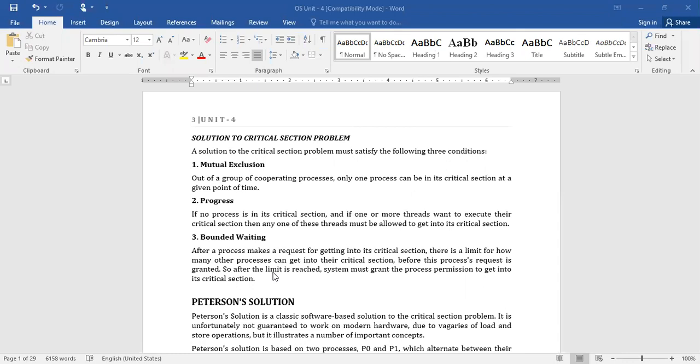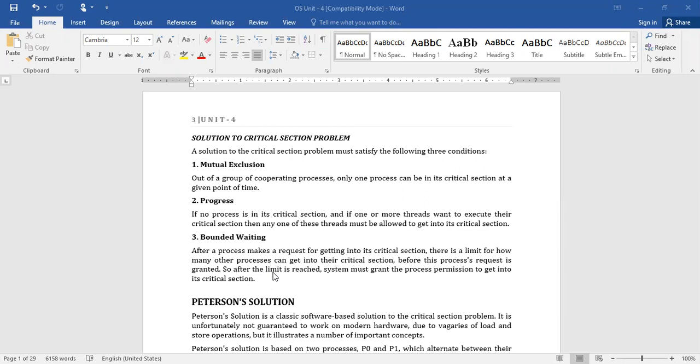Some fifth process has occurred. What has to be done? It needs to be informed to the fifth process that right now the limit has been reached, so you get access after some time. That is what we call bounded waiting.